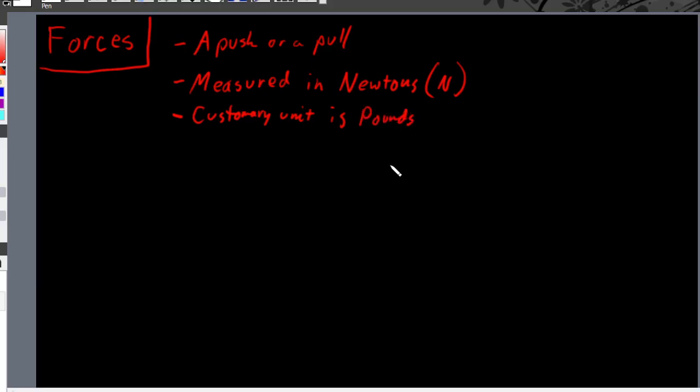So when we talk about that you weigh a certain number of pounds or that you apply a certain number of pounds of force to an object, that is the customary unit of force.